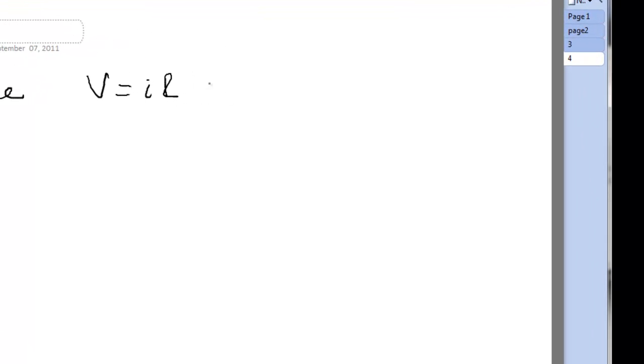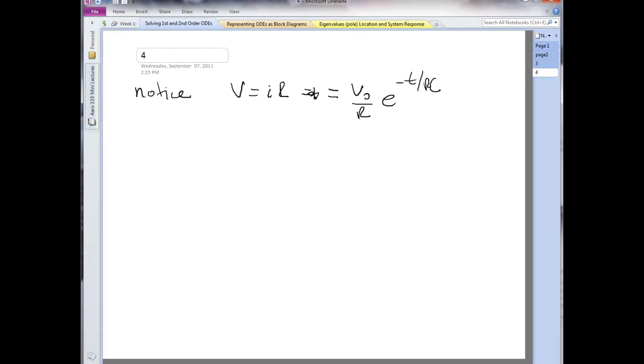So if I multiply that by R, then what I'm saying is that the voltage is equal to V naught over R times e to the minus t over RC. And we're also going to let RC equal tau. And this is referred to as the time constant, and we'll see why in a second, if you don't remember.